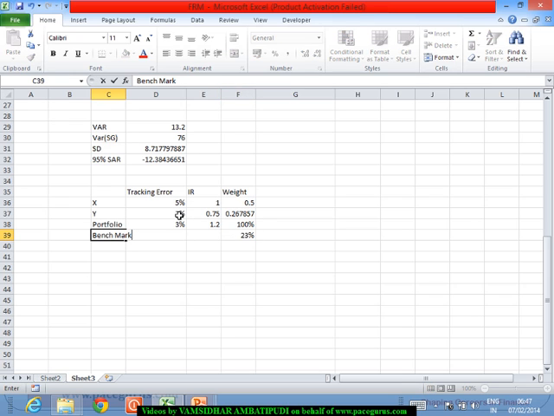When I'm looking at the benchmark, obviously the tracking error is zero, the information ratio is zero, no additional risk, no additional return.